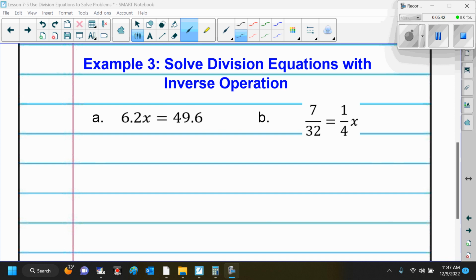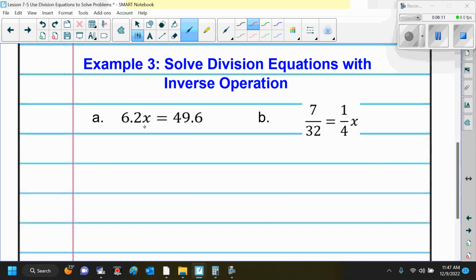All right, so example 3 is solve division equations with inverse operations. Now, when we have just these decimals here, it looks kind of weird, but the process is still the same, right? We want to get the x by itself, so we're going to cover up the x. What do I want to get rid of over there? 6.2. Very good.